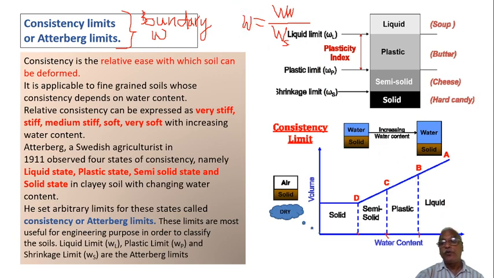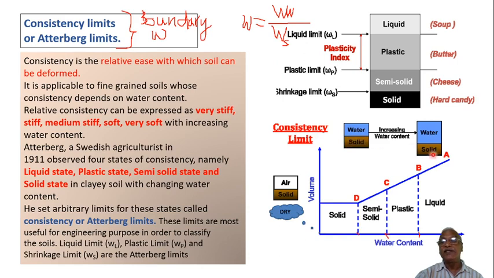Now when you go on drying it, the water is decreased. As you go this way, water is getting decreased, but the weight of solids is remaining the same. In this ratio of water content, Ws is maintained the same, weight of water is decreased. When the weight of water decreases to 0, water content becomes 0, but weight of solids will be there.